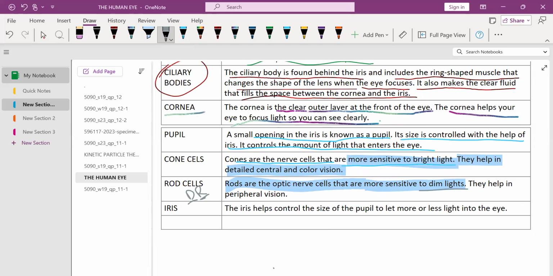And C for the cone cells and B for the bright light. So remember that cone cells are more sensitive to bright light, however, the rod cells are more sensitive to dim light.